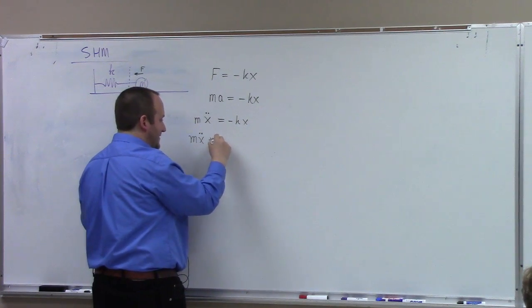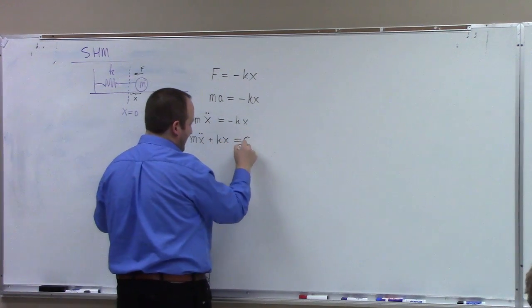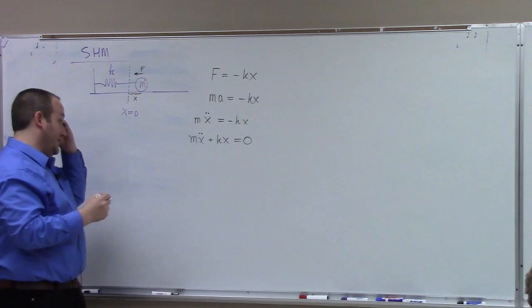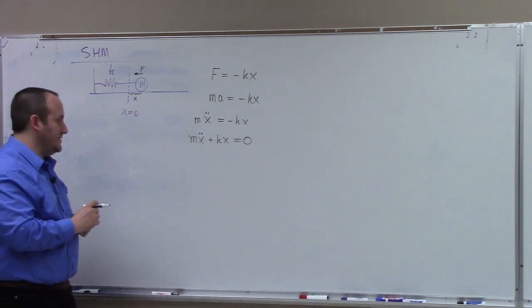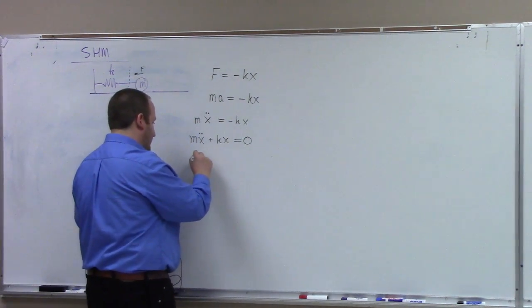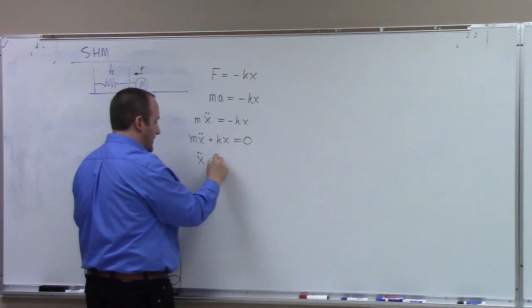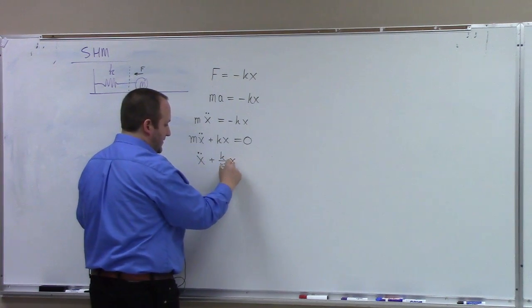I just like to say double dot. It makes me happy. And that's a second order differential equation. So this is x double dot plus k over m x equals 0.